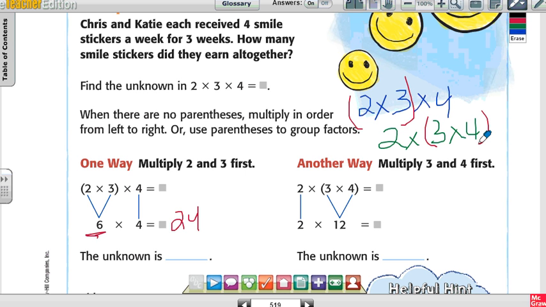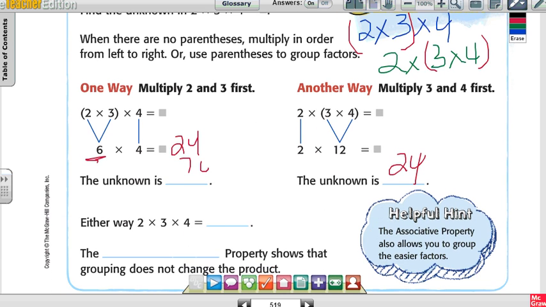Okay, so obviously 3 times 4 is 12, and then 2 times 12 is? Same thing, 24. So I know that either way, 2 times 3 times 4 equals 24.